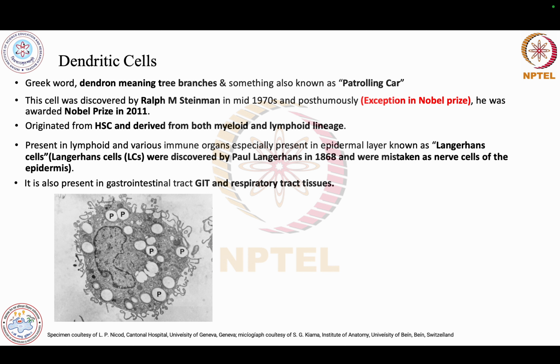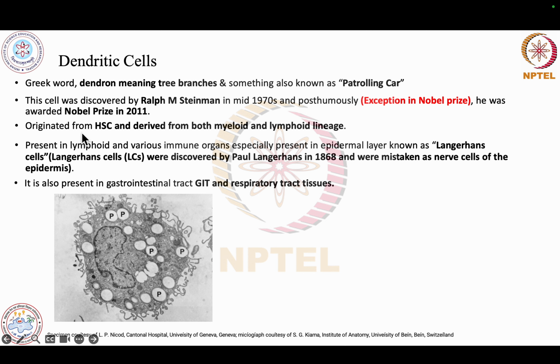So we were discussing dendritic cells. The term dendritic comes from the Greek word dendron, which means tree branches. This cell was discovered by Ralph Steinman in around the 1970s, and he was posthumously awarded the Nobel Prize in 2011.